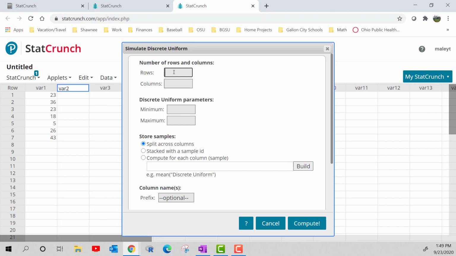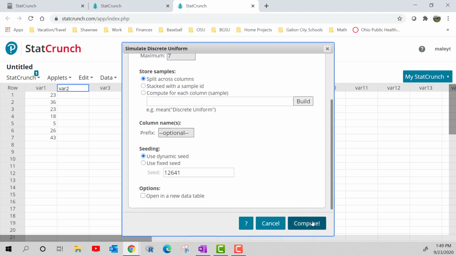We really only need three numbers, but I'm going to put in like 10 because with Statcrunch it's possible that we could get repeat numbers, and we don't want replacement in this case. So we just want one column. The minimum number we want is 1, the max is 7, and I can hit compute.